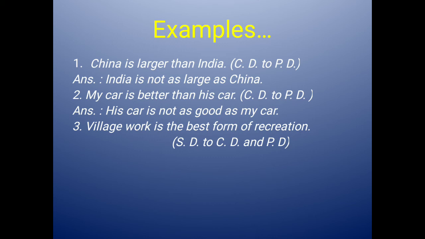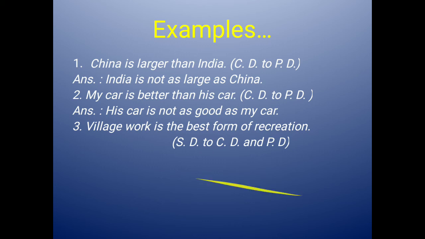So here we have the sentence which is in superlative degree. We need to convert this sentence into comparative first, and then convert it into positive degree. So first of all, remember this is to be solved as per rule number 1, right?